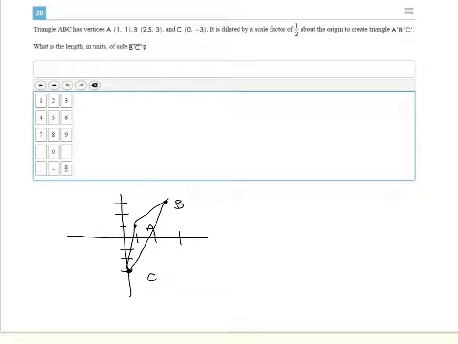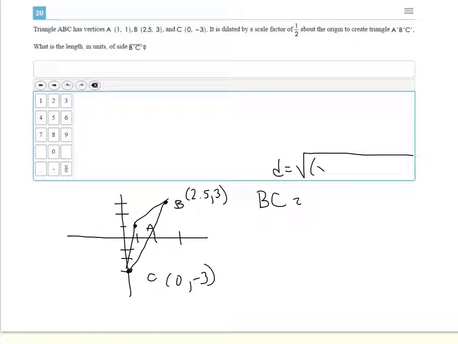Well, all we have to do is find the length of BC, and then we can just cut it in half. Now we have two points, B, which is (2.5, 3), and C is (0, -3). Well, we have a distance formula that will tell us this. If you remember the distance formula, it is the square root of (x1 minus x2) squared plus (y1 minus y2) squared.